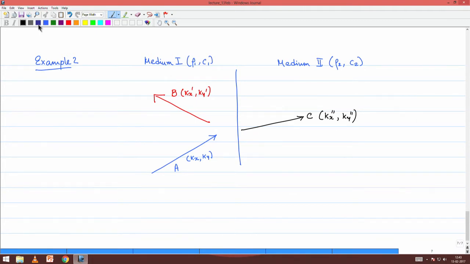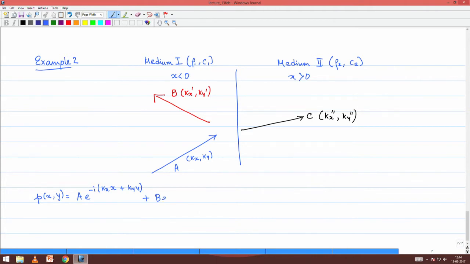So, this region we will refer to as x less than 0, and this region as x greater than 0. The pressure p of x comma y in the x less than 0 region would be given as A e to the power minus i (k x x plus k y y) plus B. By now we know that k x prime would have the opposite sign as k x, right.